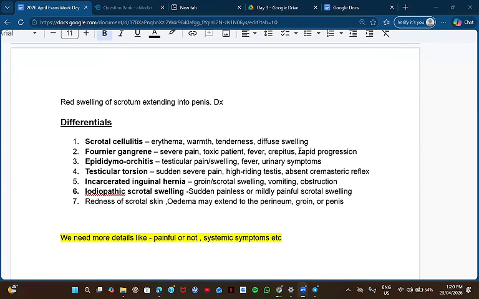Yes, painful and painless. Now give me examples for painless scrotal swelling. What do we have, doctors? Okay, hydrocele, varicocele, cancer, what else?